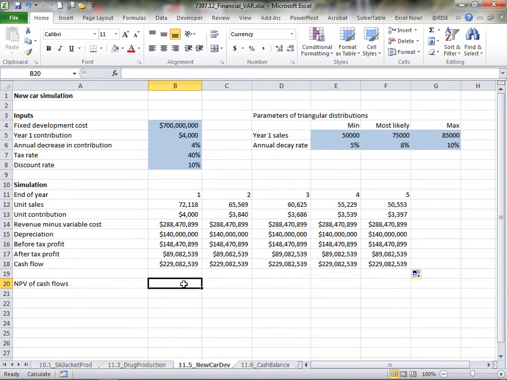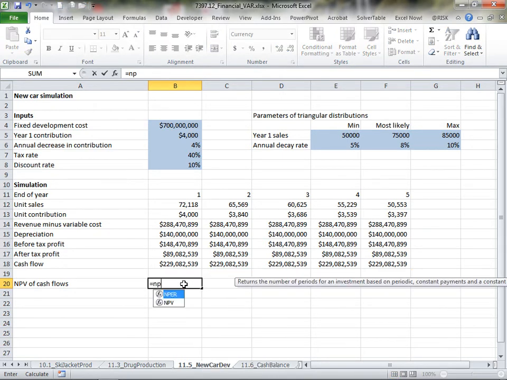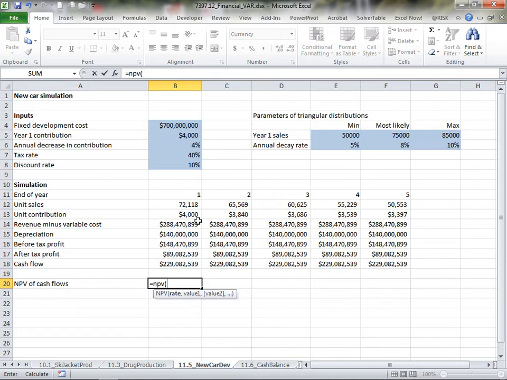What about the net present value of my cash flows? Well, I've got my cash flow at the end of every year, don't I? So those periodic cash flows, I can use the NPV formula to calculate, right? So I can take equals NPV of, well, first of all, it wants the rate. The rate is the discount rate.